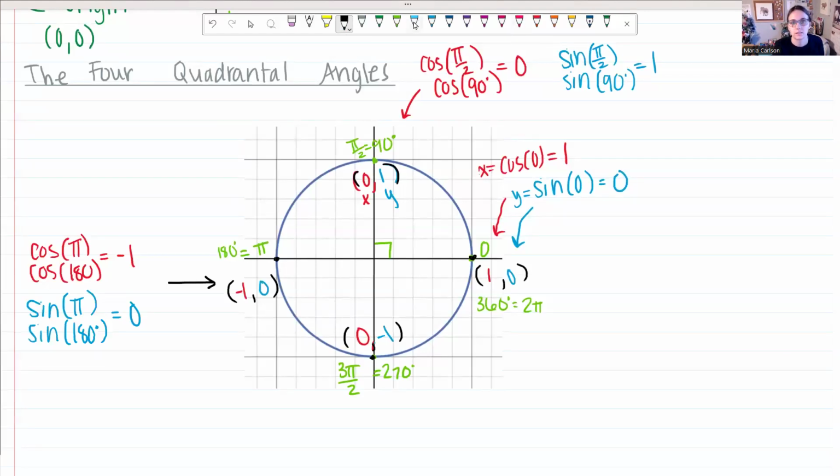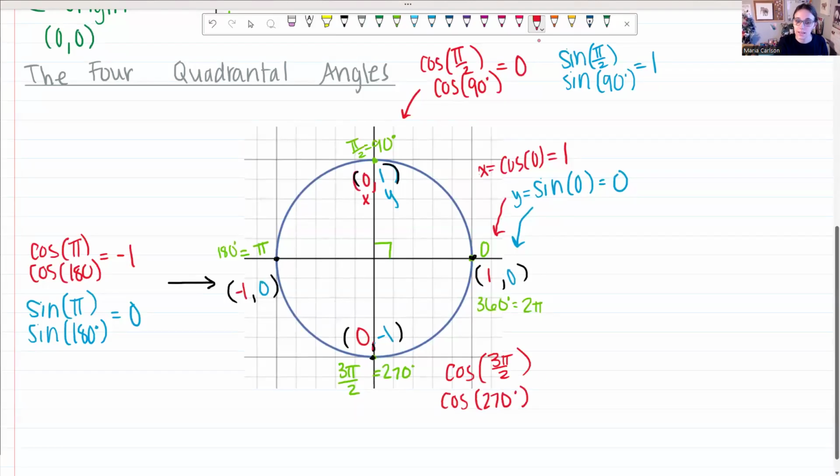All right, let's now look at 3 pi over 2, or 3/4 of our circle. So cosine of 3 pi over 2, or the cosine of a 270-degree angle, is equal to 0.